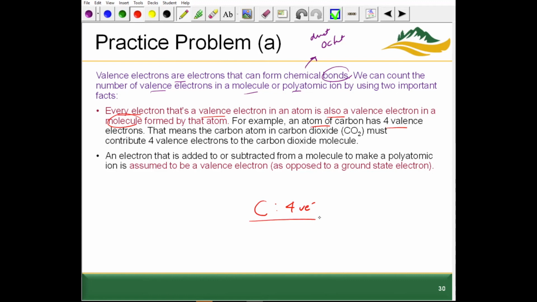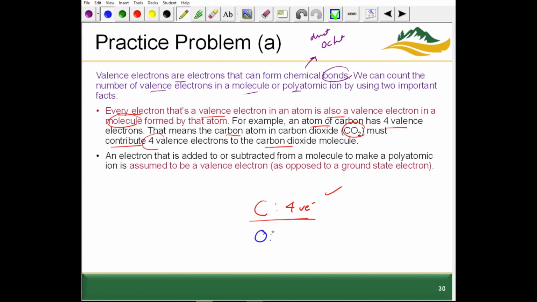Carbon itself has 4 valence electrons, and in a compound like carbon dioxide, the carbon atom must also still contribute 4 valence electrons. It contributes these valence electrons to the whole carbon dioxide compound.